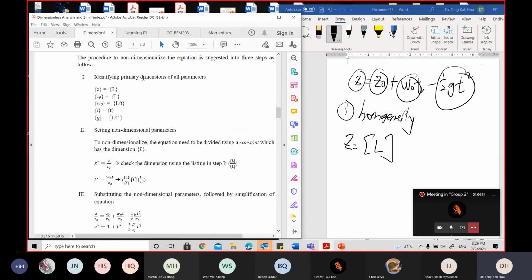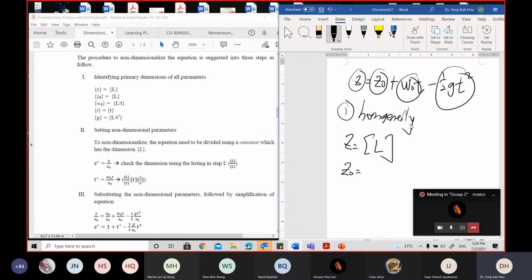First step, identify all the primary parameters. So z equals length, z0 also equals L, and w0 equals length divided by t.